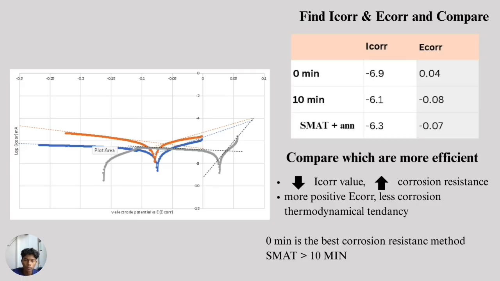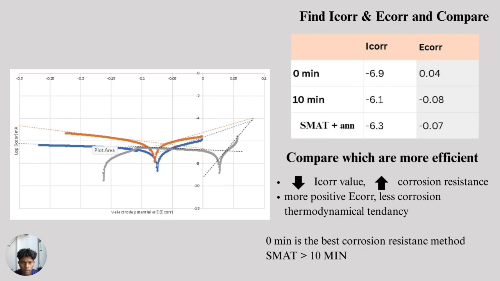So for the Tafel plot, we can look at the graph and we can find Icorr and Ecorr value. So for the 0-minute, Icorr value is negative 6.9 and Ecorr value is 0.04.